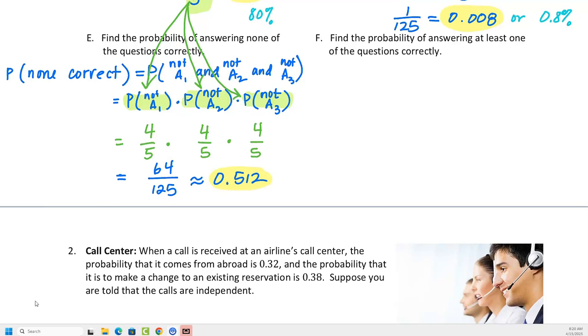Or 51.2% chance that you'll get all 3 questions wrong. How are we doing with that?